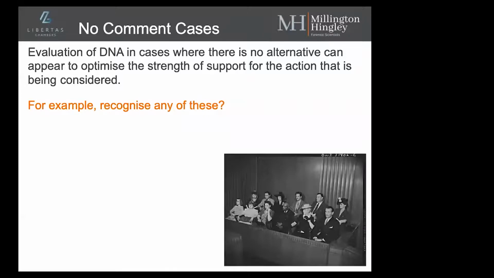And if you haven't had a window on what the scientist might say if a defense alternative is provided, then you're unsighted. And it could be that they say, well, actually, the findings are equally likely given both alternatives, so therefore it's neutral. And you probably don't want to be in that position when you're in evidence in chief, I would think.